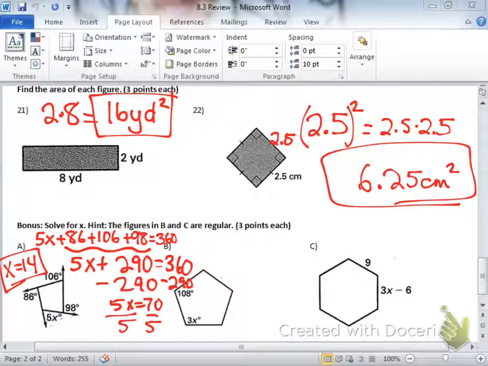What are your questions? All right, you can see in the directions the hint is that these are regular figures, B and C. When they're regular, remember they're equiangular and equilateral, so on part B we're just going to set the angles equal.